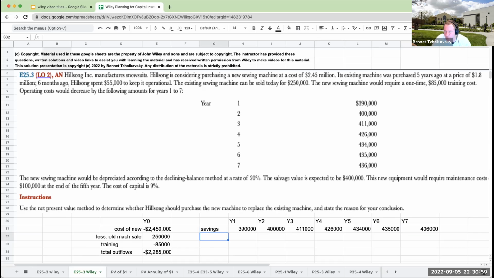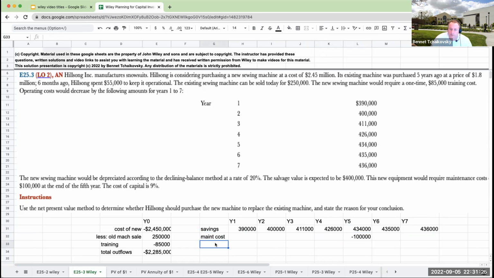At the same time, I'm going to have a maintenance cost in year 5 of 100,000. I can do this separately or I can combine them, but I'm going to do it this way. Although I'm getting the savings, it's going to cost me 100,000 at the end of the 5th year.